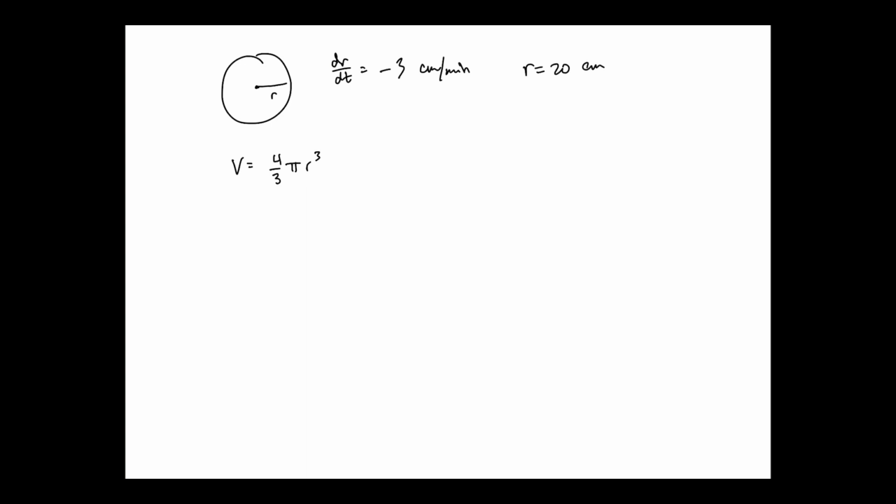And we all remember those formulas, right? Now, in this particular case, we really only have two variables: V, the volume, and r, the radius.